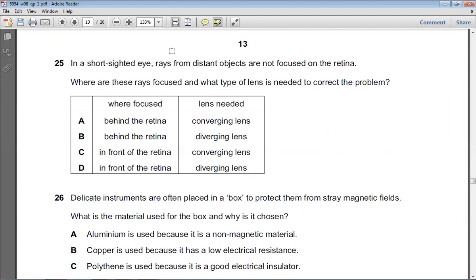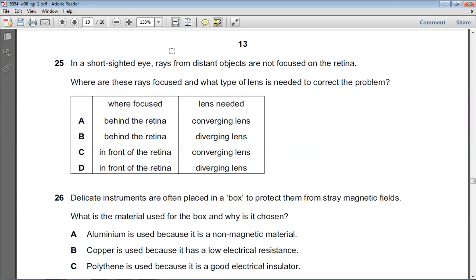When you have a short-sighted eye, your lens bends the light too much. So to remove this, we use a diverging lens.